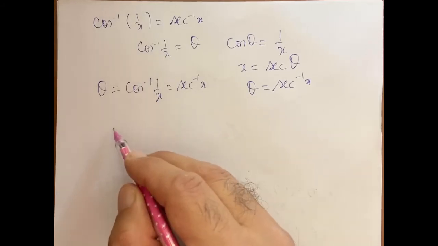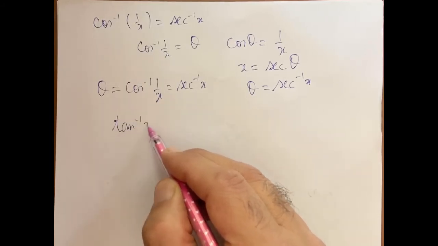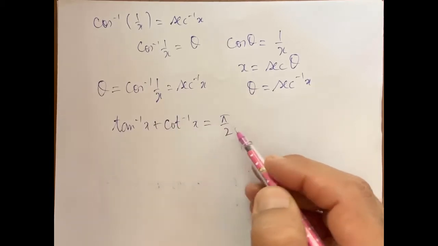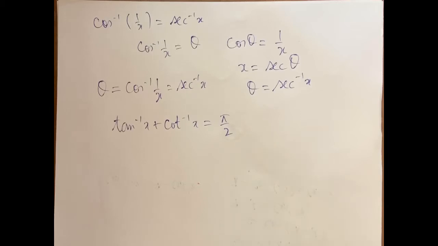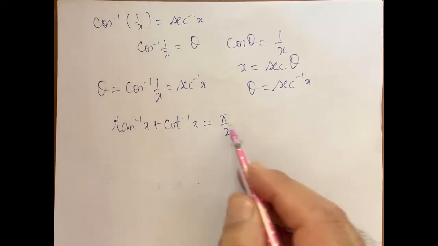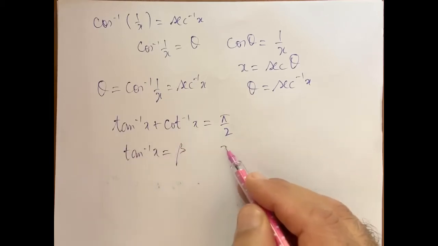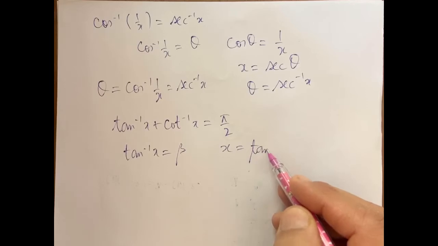Let's prove one more result: tan inverse of x plus cot inverse of x is equal to pi by 2. For better understanding, students, you must prove these results. To prove this one, let tan inverse of x be angle beta. This means x is tan of beta.